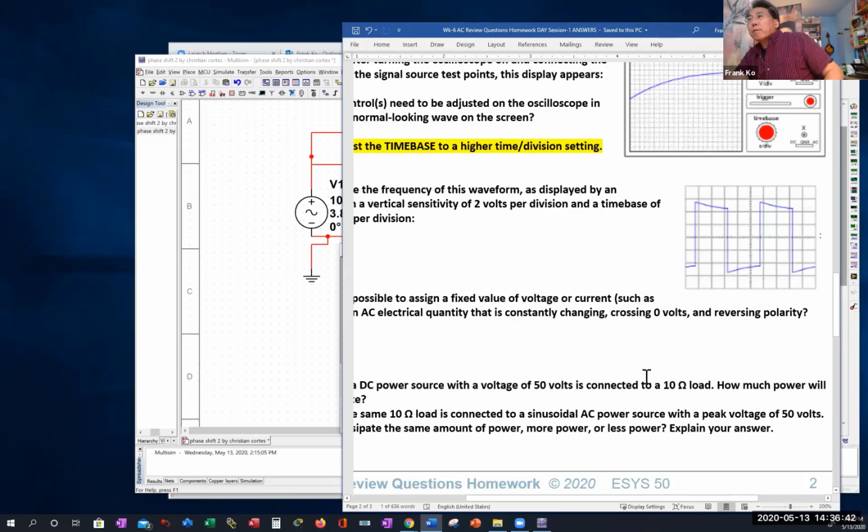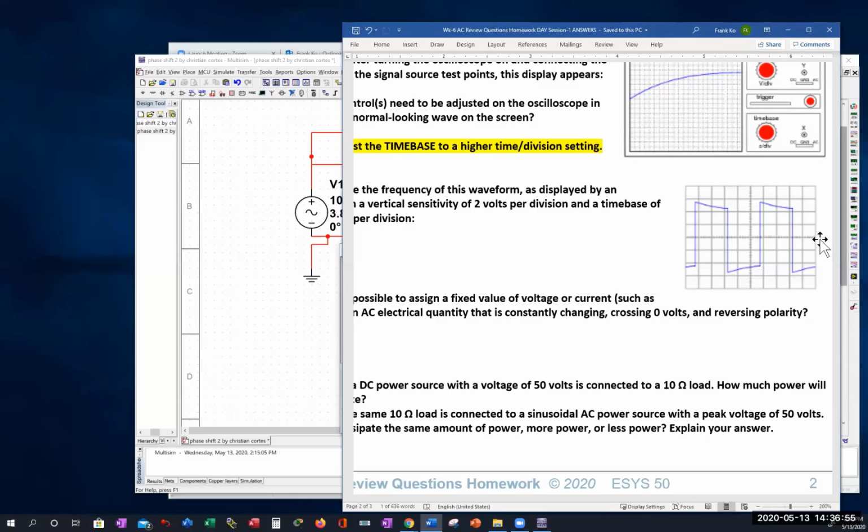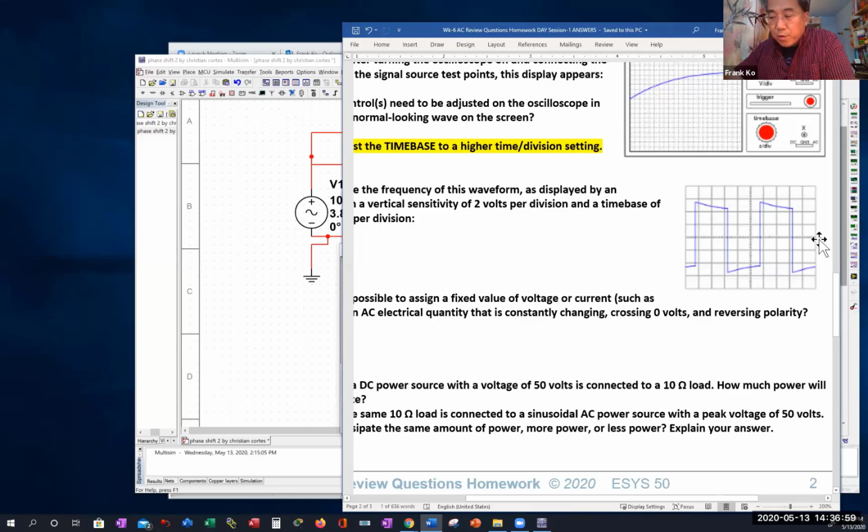How would I do that, Gabriel? Remember, time was horizontal. So how do I find the time for one cycle is the question. Well, you would have to do some math, that's for sure. Yeah, well, we need a number before we do the math. How do I find a number to work with? How do I find the time for one cycle is my question.